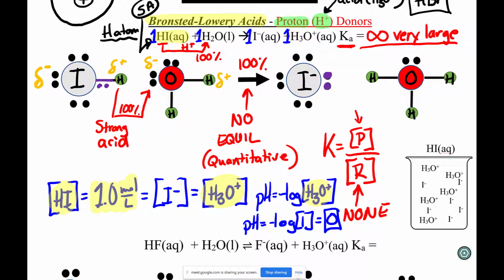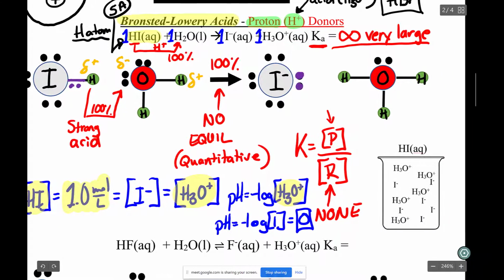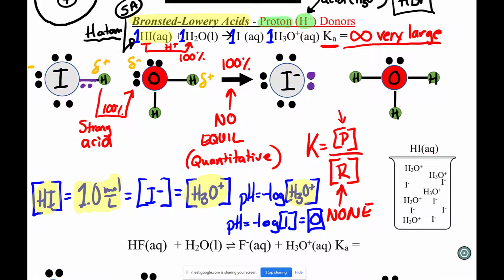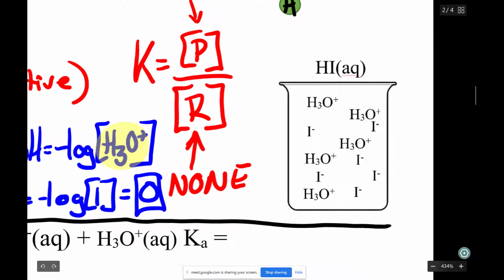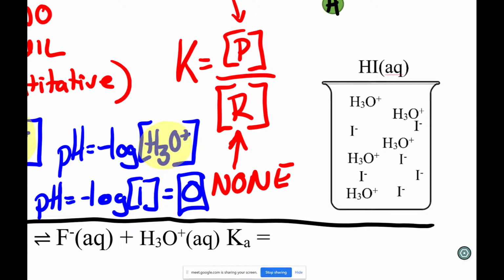The final thing I would like to show you is the major species involved in the ionization of a strong acid. So looking at this beaker on the right, we can see that the reaction goes 100% forward. If I had a beaker labeled HI, there would be no HI present.